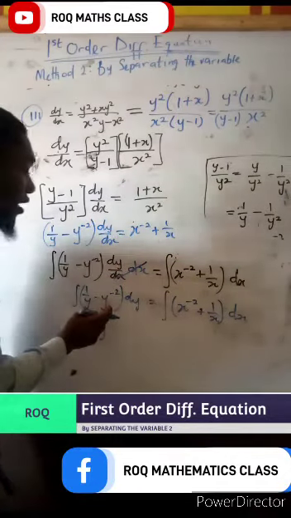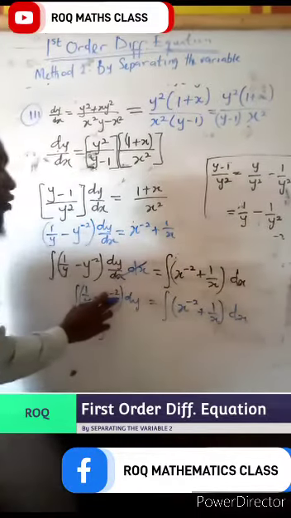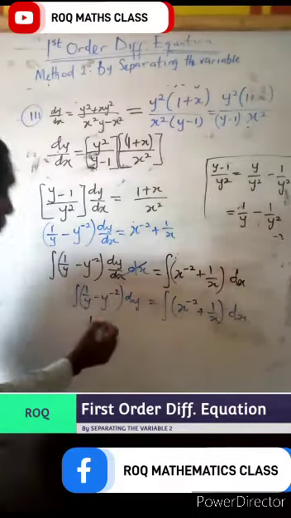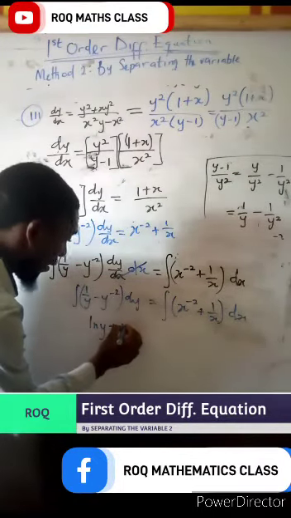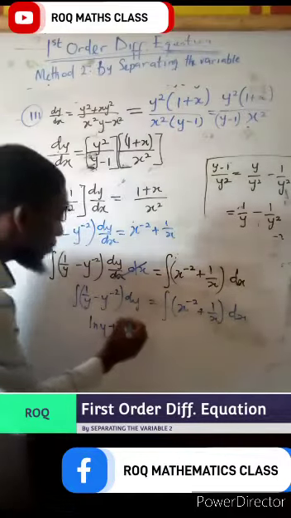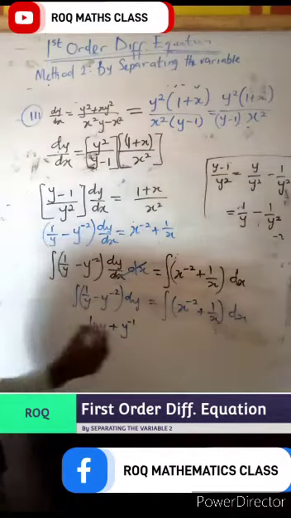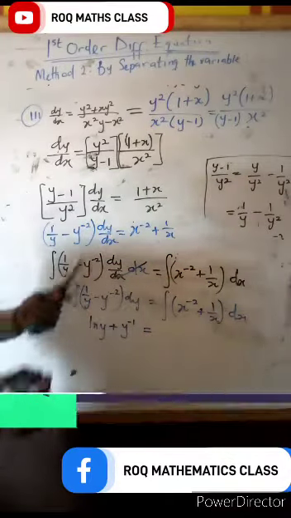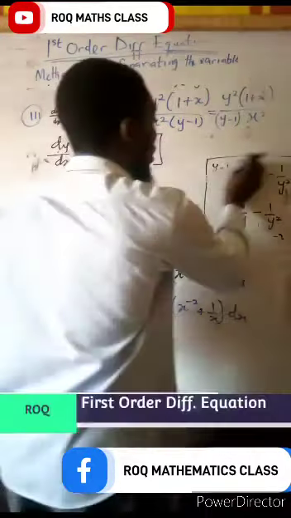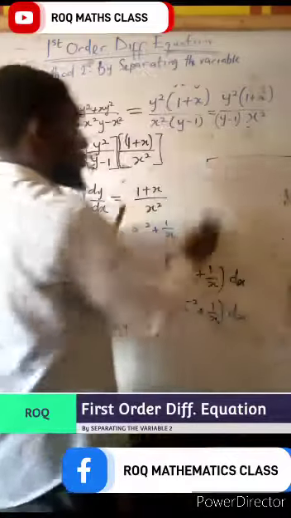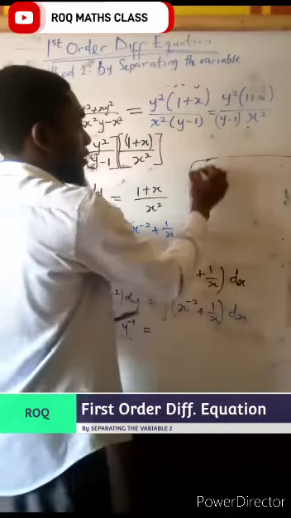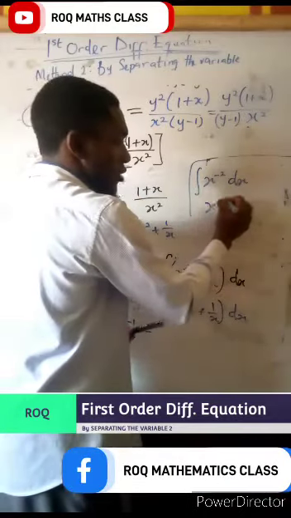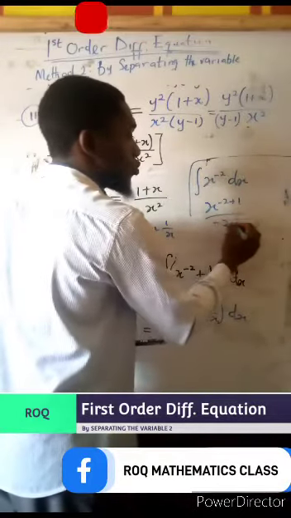Then if I integrate this, you add 1 to the power and divide by the new power, so I'm going to have plus y raised to the power of minus 1. On the right, if you recall, the integral of x to the minus 2 dx is x to the minus 2 plus 1 over minus 2 plus 1.